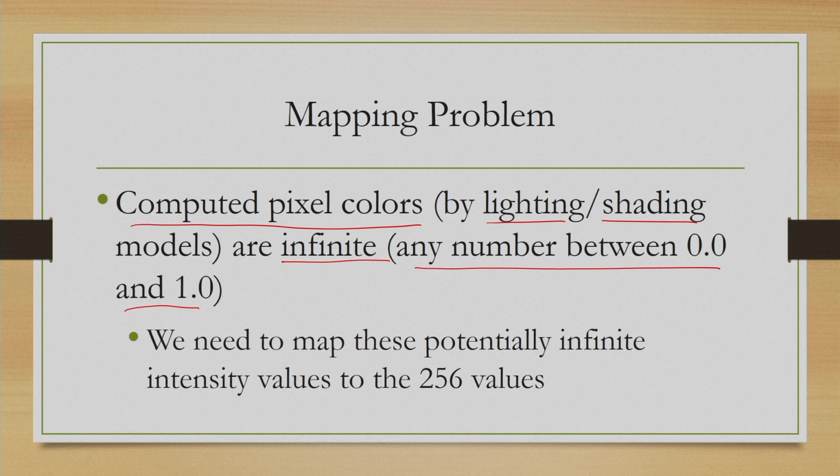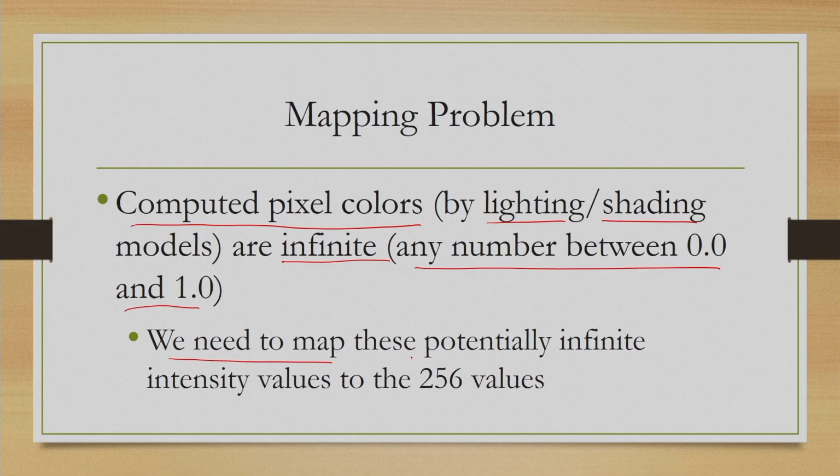So, on the one hand we have values that can be anything, a real value between 0 and 1, which we get by applying the lighting or shading models, and on the other hand, due to the particular hardware design, we can represent at most a restricted number of values for each pixel location. In our example, it is 256 values. So, essentially we need to map these potentially infinite intensity values to the 256 values.